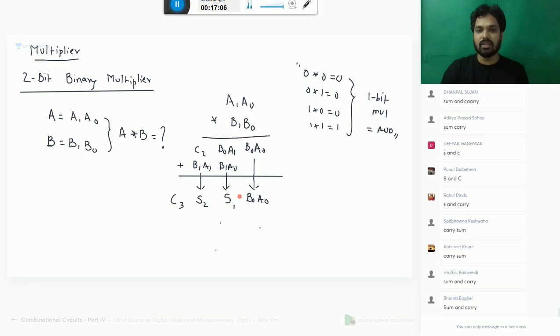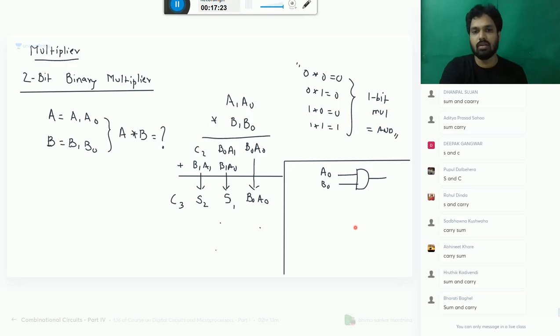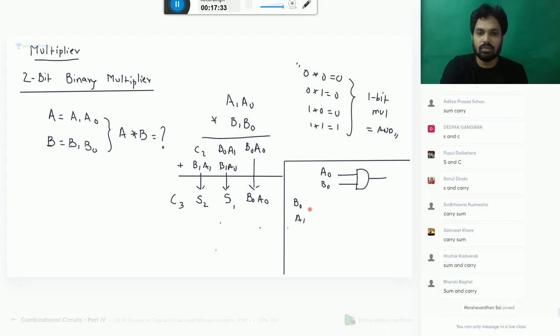So shall I make this figure like this? A0 and B0, you give it to AND gate. Then B0 into A1 and B1 into A0.